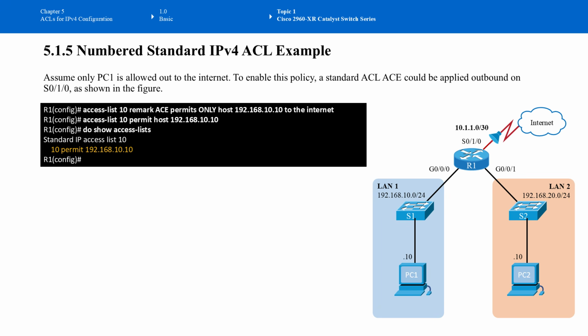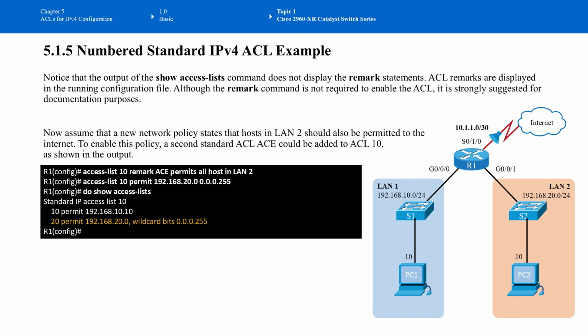After configuring this, we should verify the ACL. In global config mode, you enter the do show access-lists command, and you will see the standard IP access list 10, and the 10 permit 192.168.10.10.